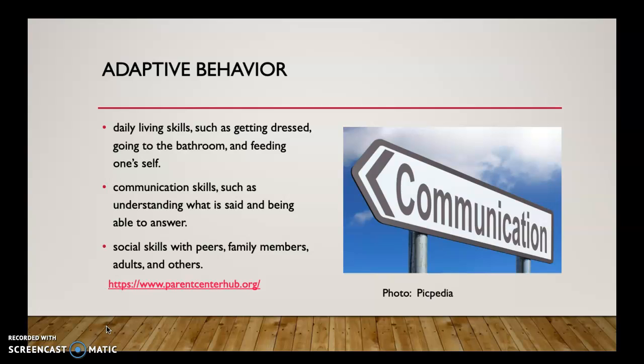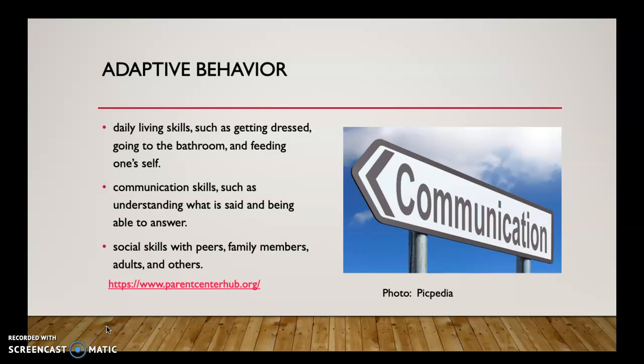Also, another factor, as was stated before, was limitations in adaptive behavior. People with intellectual disabilities often have problems with daily living skills, such as getting dressed, going to the restroom, feeding yourself. They also have problems with communication, such as understanding what is being said or not really being able to answer a question because they don't understand the question.